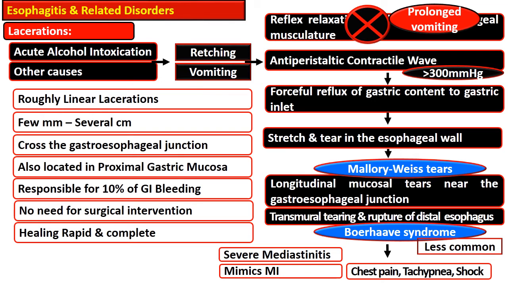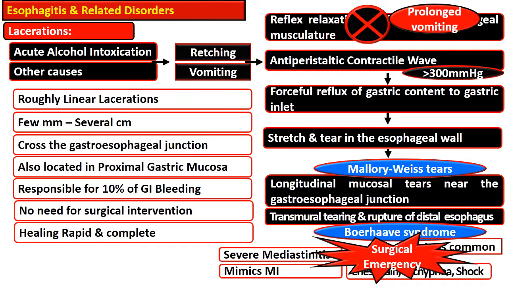A transmural rupture of the distal esophagus results in severe inflammation in that area and severe mediastinitis, and there are symptoms and signs that mimic myocardial infarction: chest pain, tachypnea, and shock.